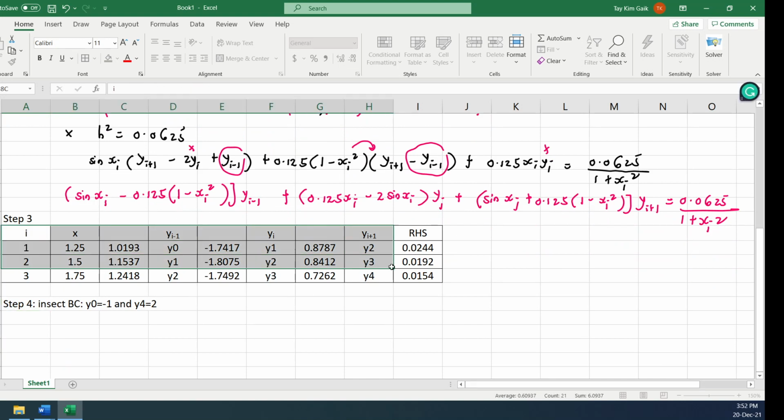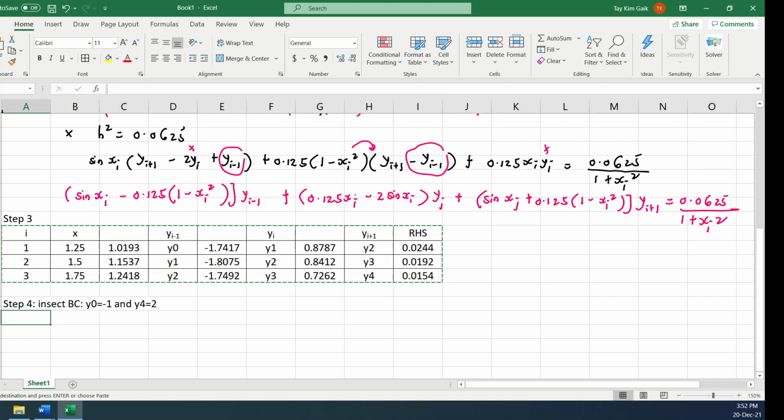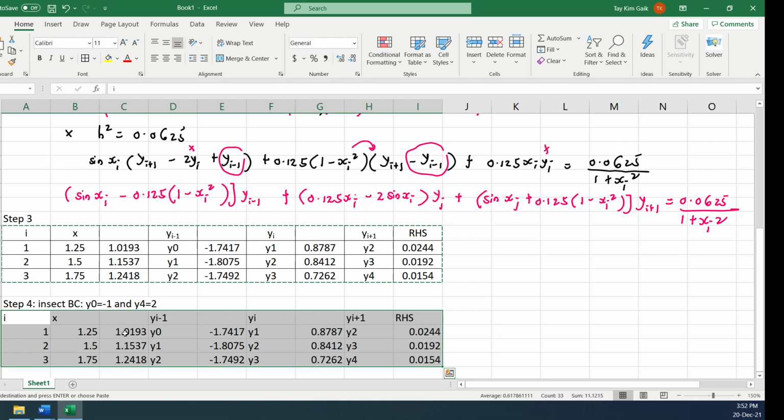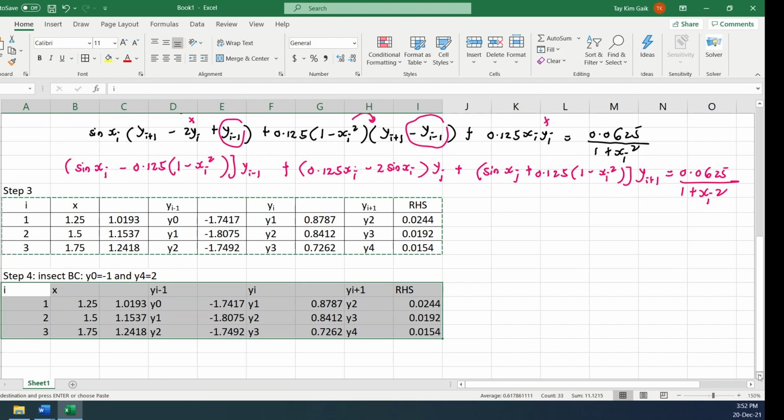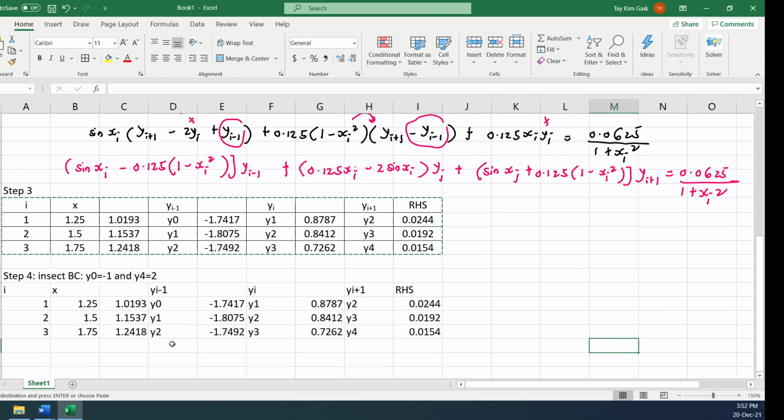Okay, so if you use Excel, you can quickly copy. Because it contains formula, if you copy it down, make sure you paste value. If not, all the formula here will keep running. I paste value. Now what you're going to do, this one you want to replace by negative 1, y4 you want to replace by 2.